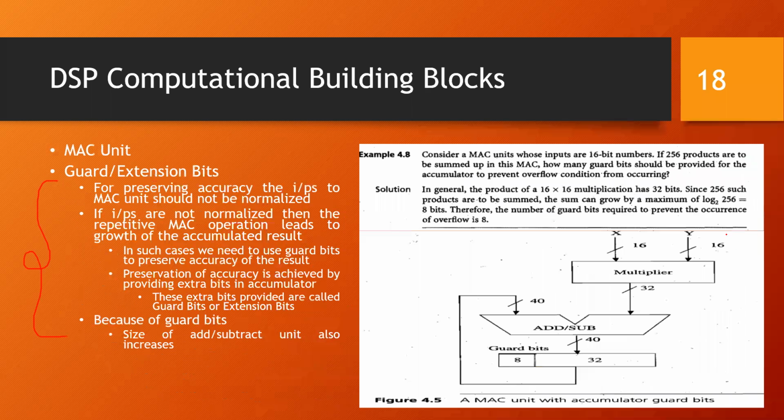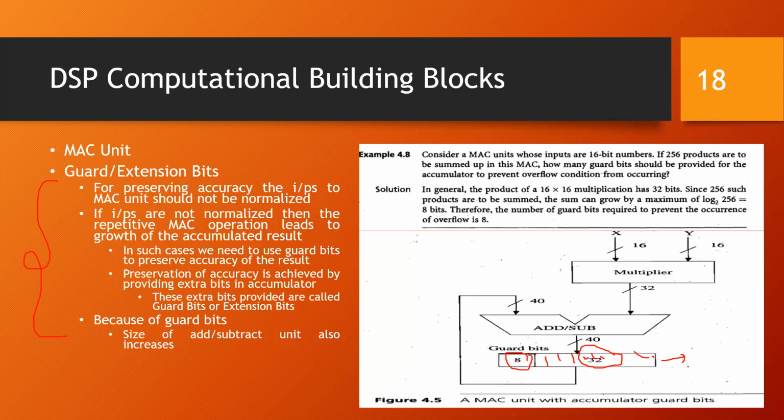So if the accumulator is 32 bits and the result exceeds by 8 bits, and it is able to store only 32 bits, then, if it is unsigned, it can store a maximum of all ones, all 32 bits being ones. That is the maximum result it can store. Now if further addition comes in, the result overflows.